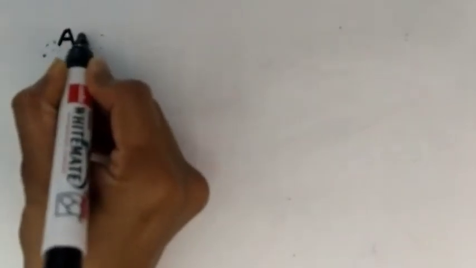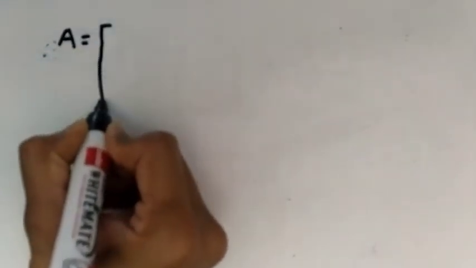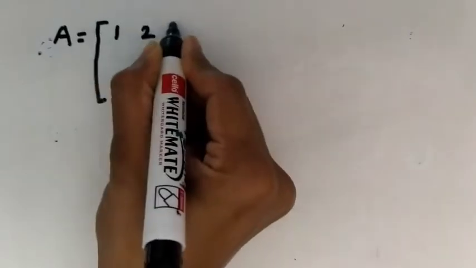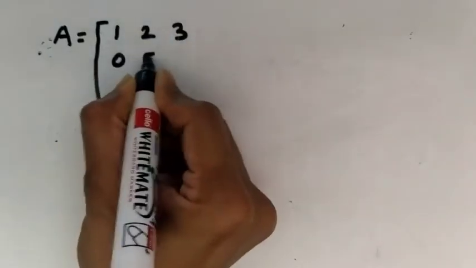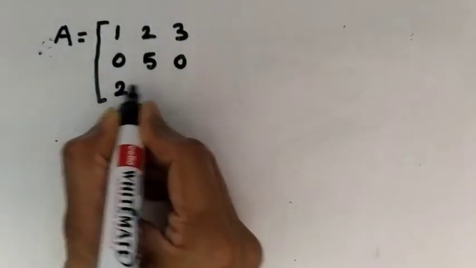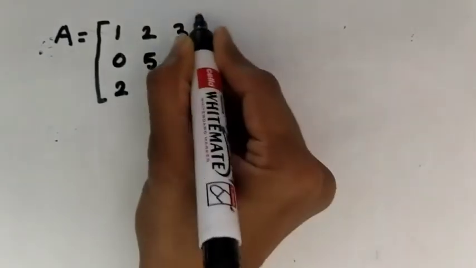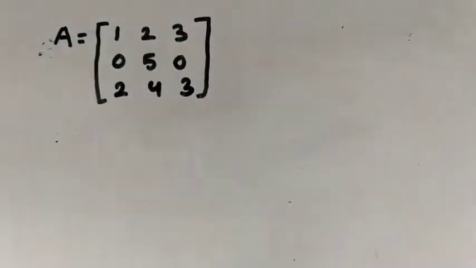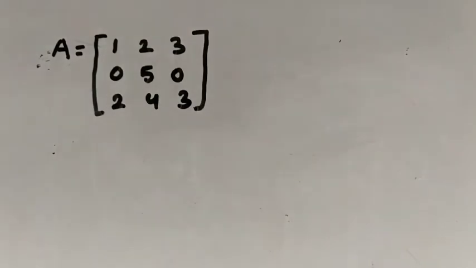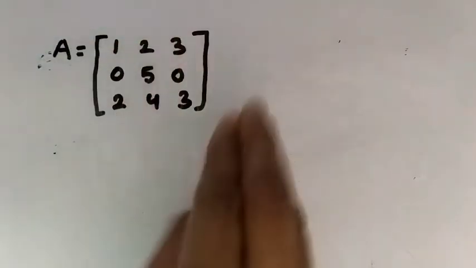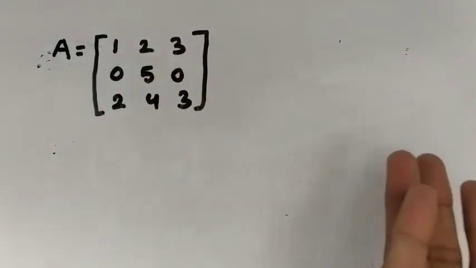Let we have a matrix A of order 3. Matrix is 1, 2, 3, 0, 5, 0, 2, 4, 3. Students, the same procedure will be followed. Here again we will replace first of all elements by their corresponding cofactors.